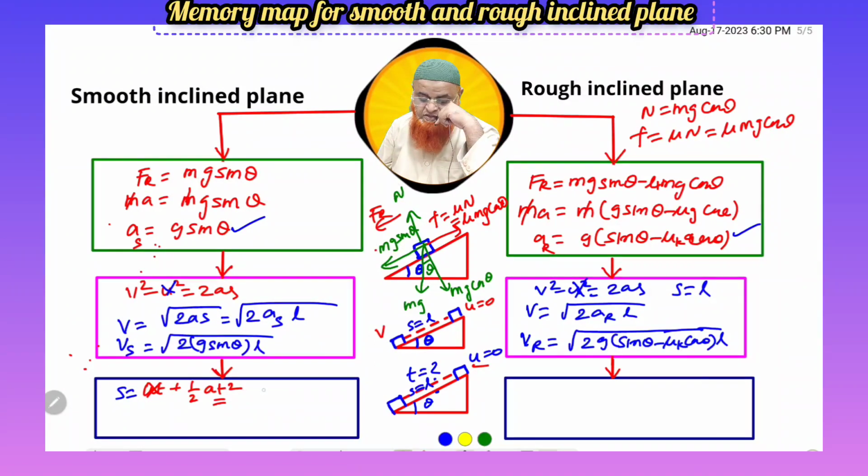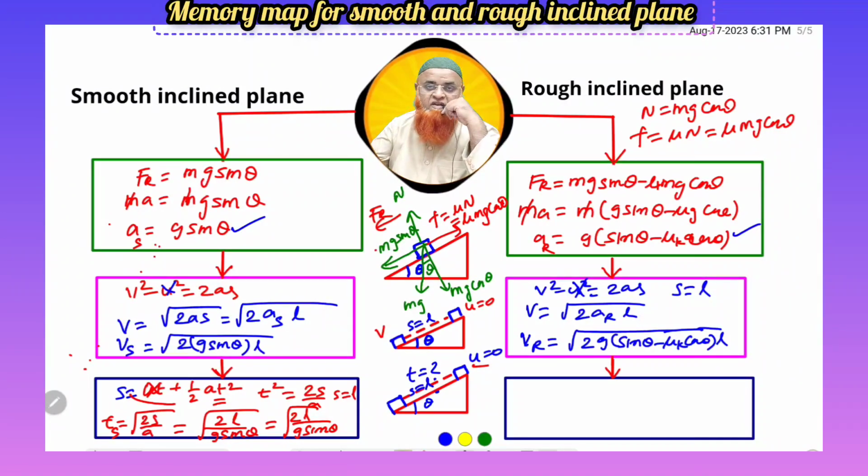Then t square is equal to 2s by a. Here s is nothing but the displacement traveled, that is the length of the wedge, L. So t is equal to square root of 2s by a, where s is L and a is g sin theta. So the time for a smooth inclined plane is square root of 2L by g sin theta.